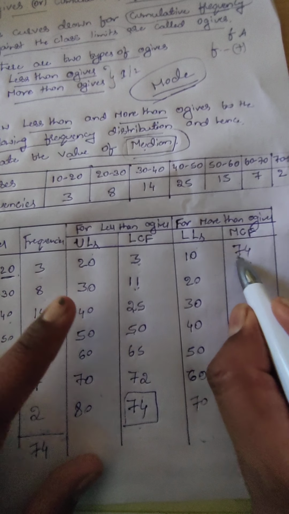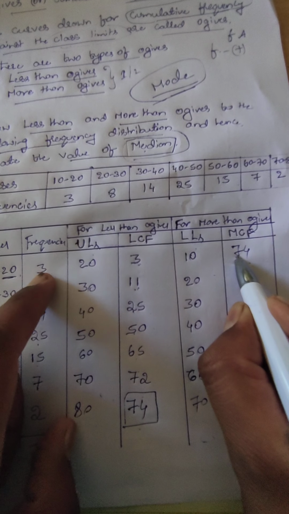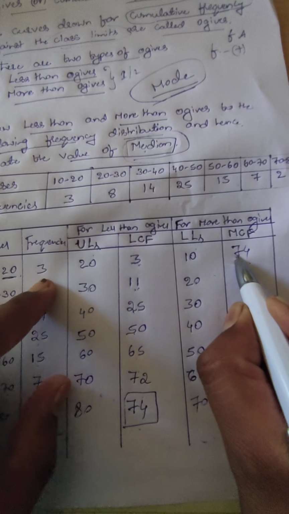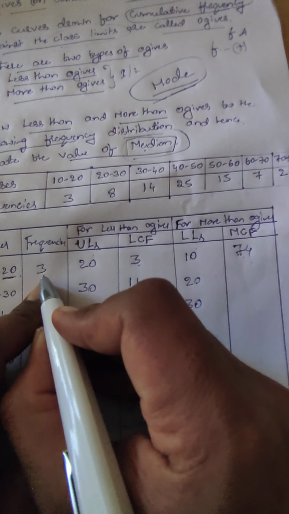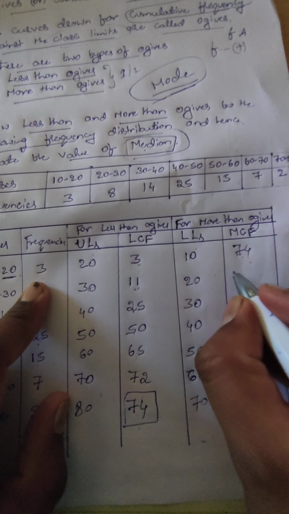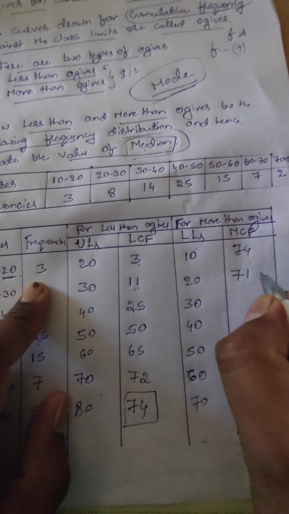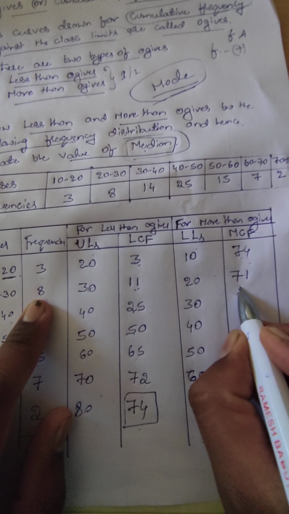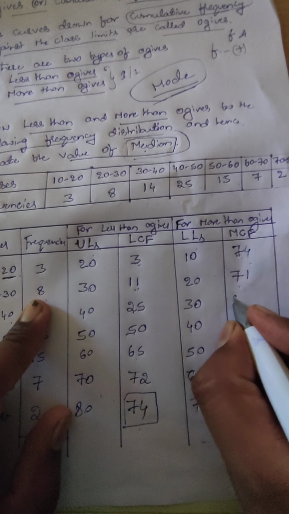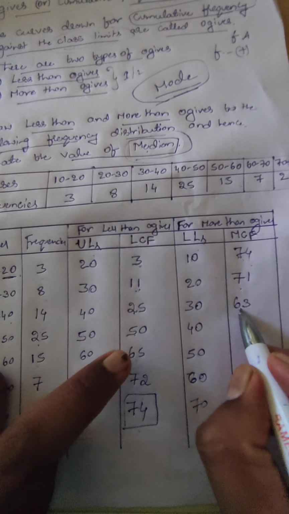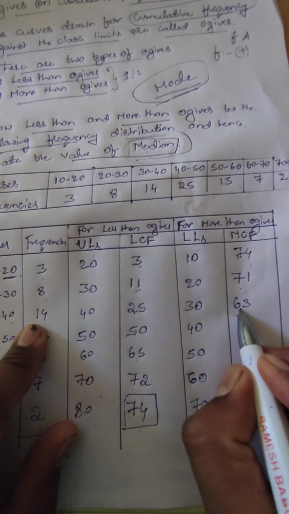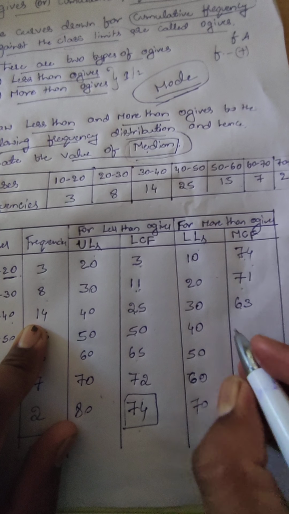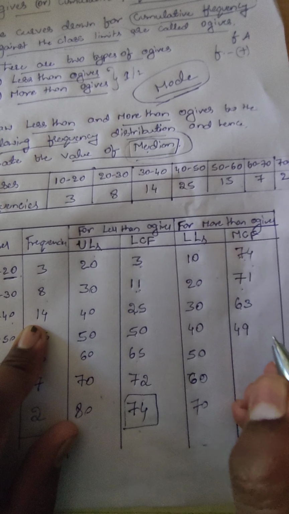Next, 74 minus the first frequency value 3, we will get 71. We write that in the second place. 71 minus 8, we will get 63. Next, 63 minus 14, we will get 49.